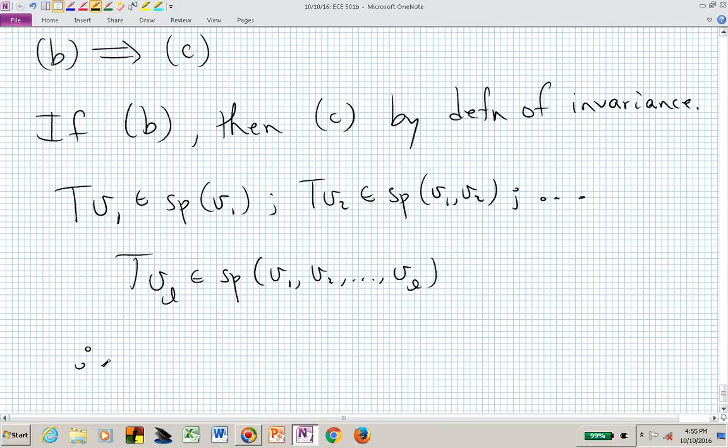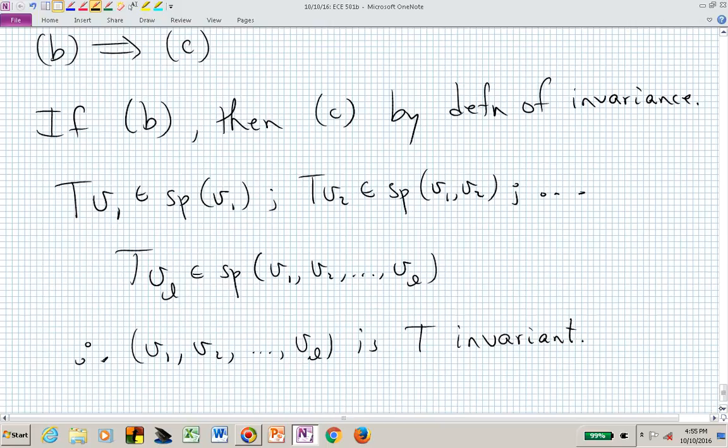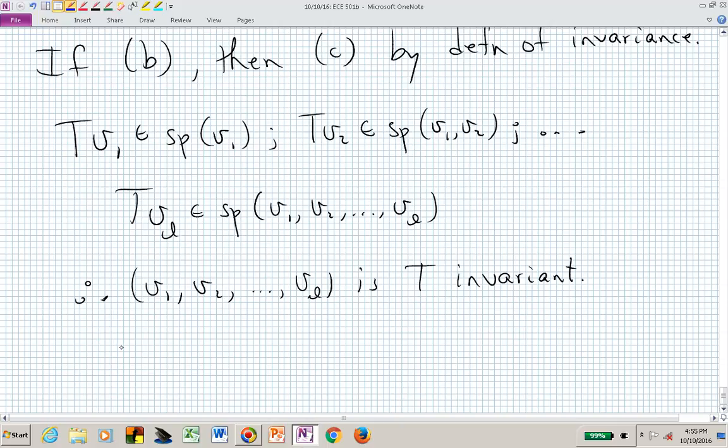Therefore, v1, v2, up to v sub L is T invariant. Which shows that if B, then C.